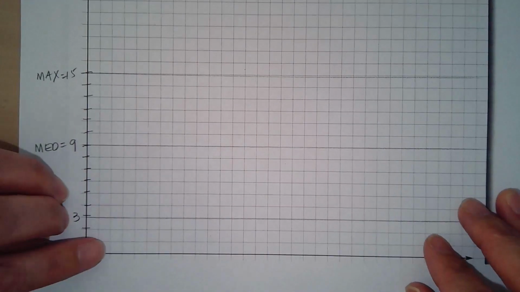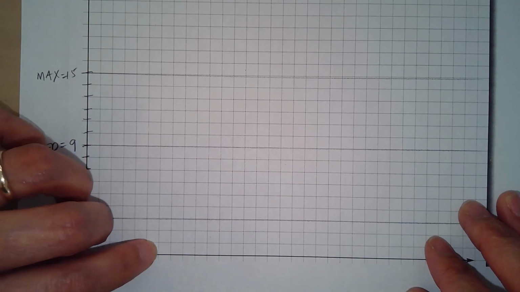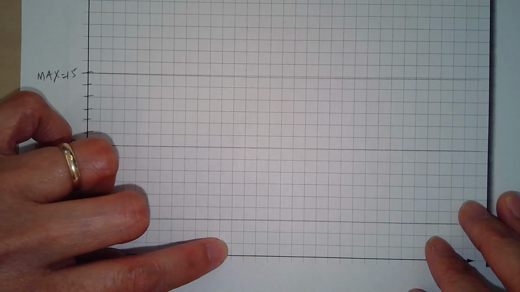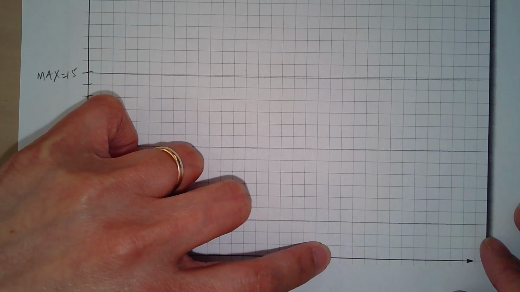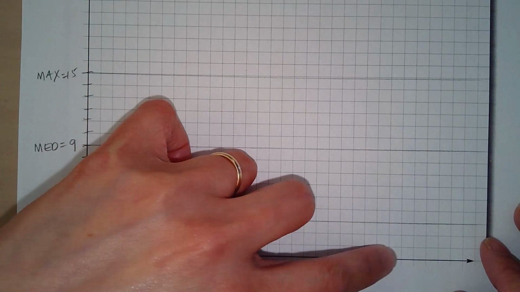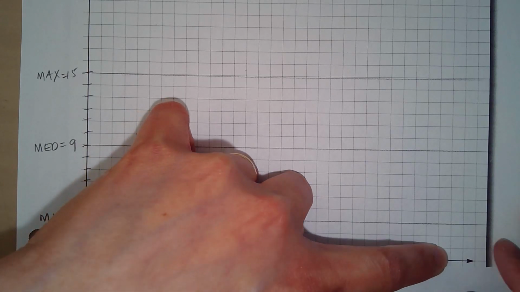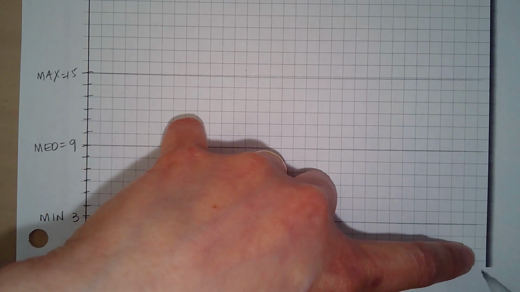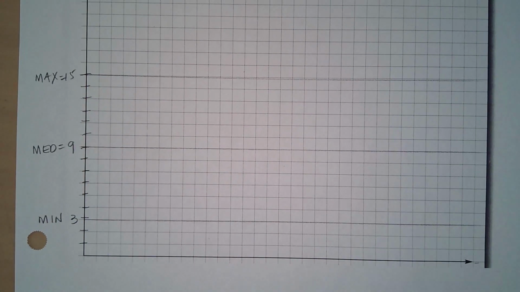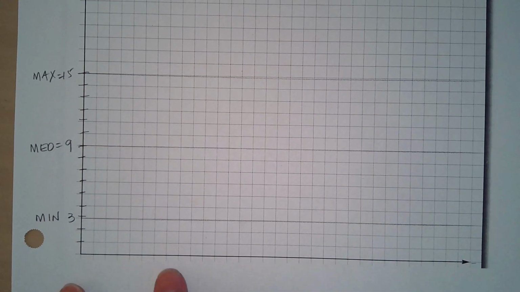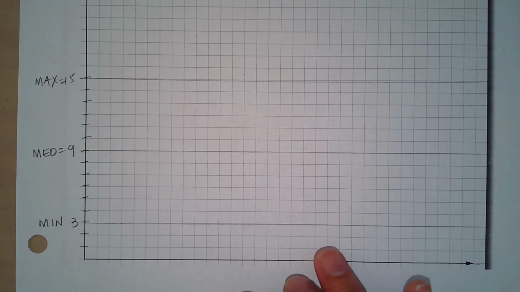Let's see here: 2, 4, 6. Ooh, there's an extra 1 right there. If you went up by 2, keep it, there's nothing wrong with that.